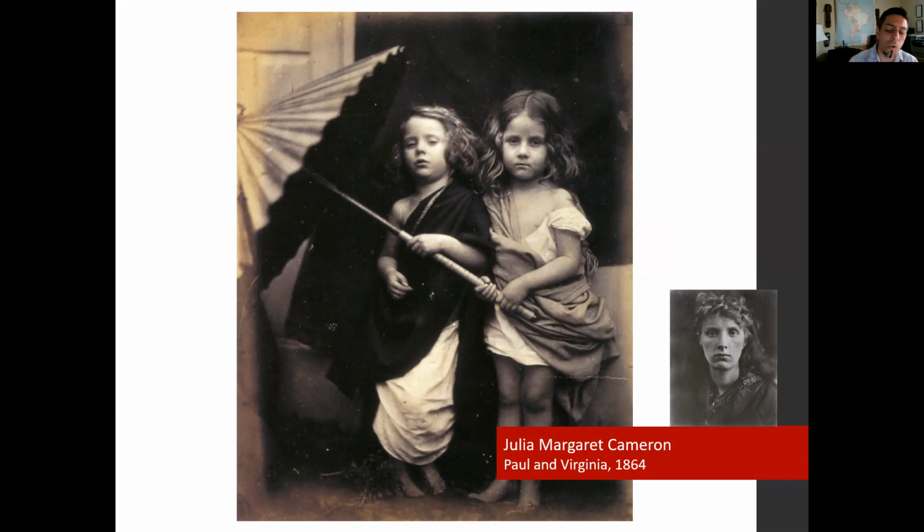As I mentioned before, up to this point, and even until the beginning of the 1900s, photography is seen much more as a record keeping process rather than an artistic process. However, Cameron here does have some artistic aesthetics applied to this.